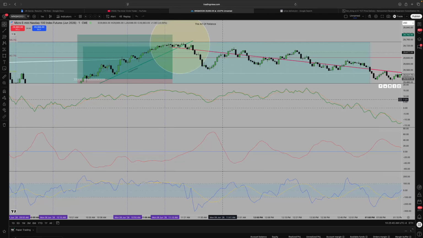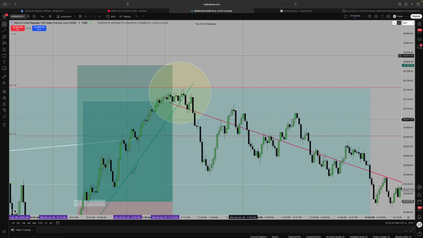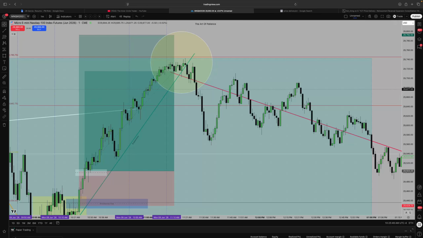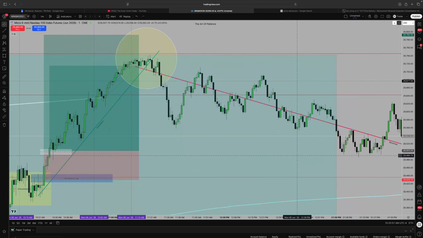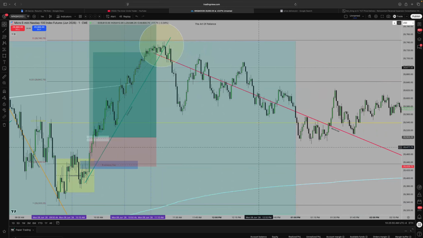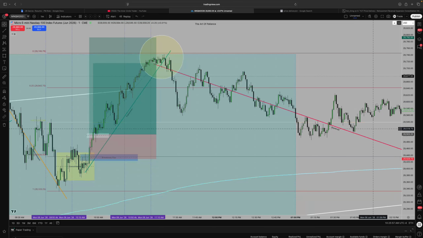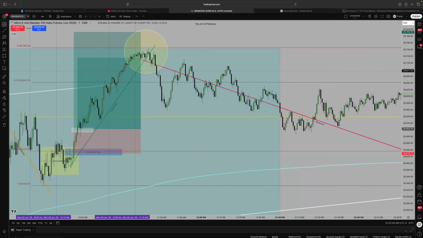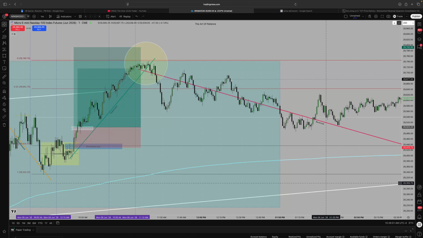But I would not even worry about the indicators. They're lagging, and they're not very accurate. They have some use, but the first thing you want to focus on is just price itself. That's the only thing you have to worry about.